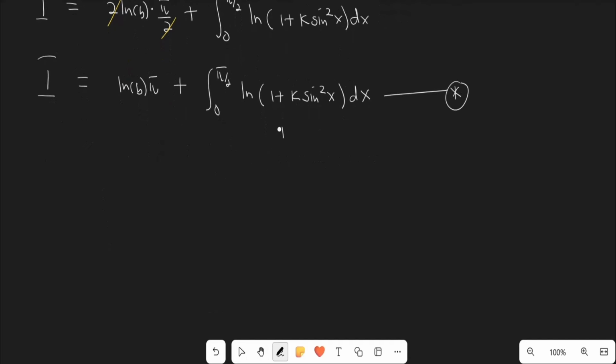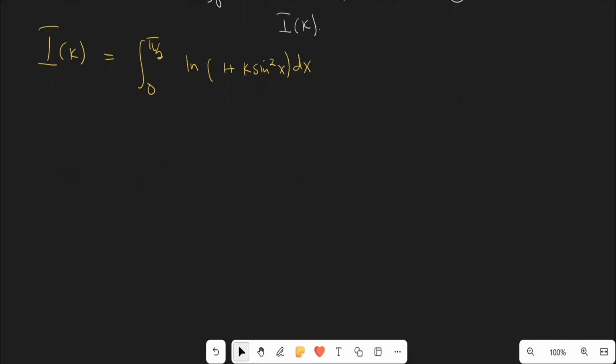Let's call this one integral I of k, right? Let me switch colors. I of k is equal to the integral from 0 to pi over 2 of the ln of 1 plus k times sine squared of x, and then dx. Alright, cool. Now let's solve this.